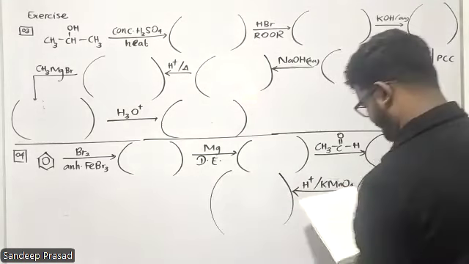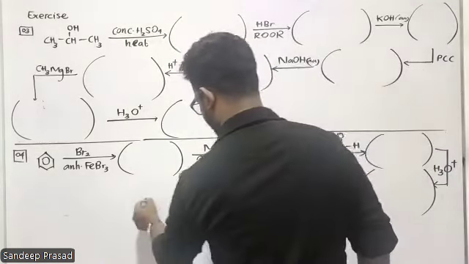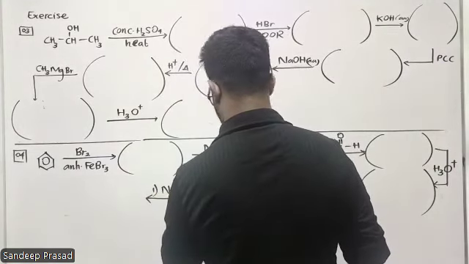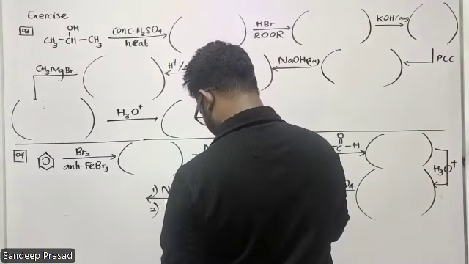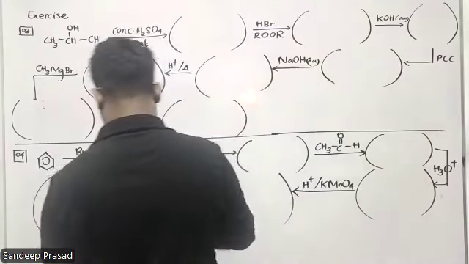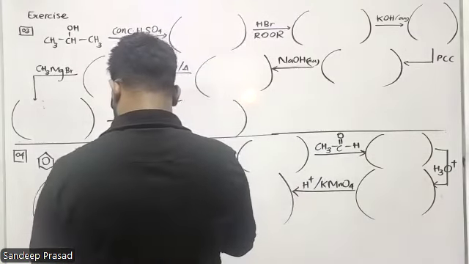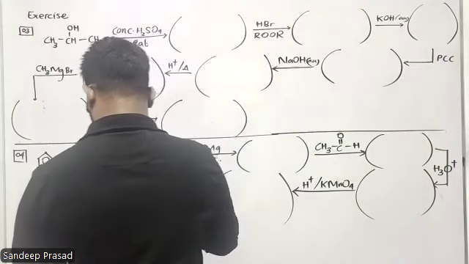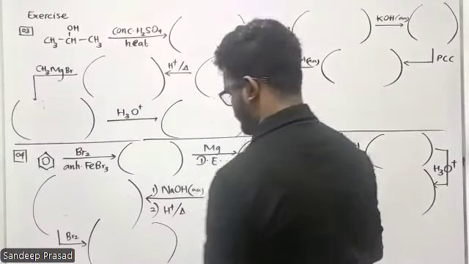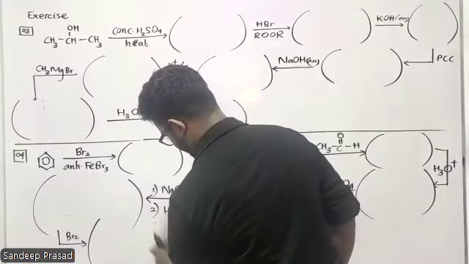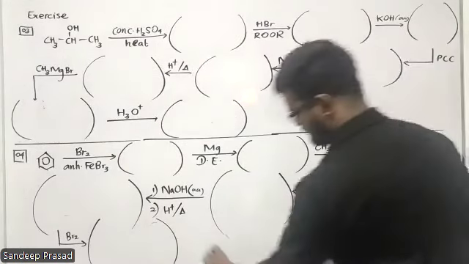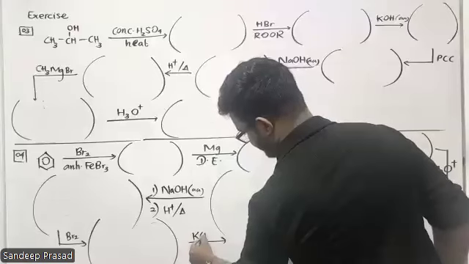Acidic KMnO4. Number 1, sodium hydroxide, and then H plus and heat. The product is obtained. For that product, we are adding Br2. And finally, KCN is added.